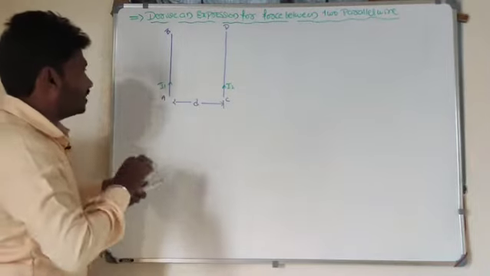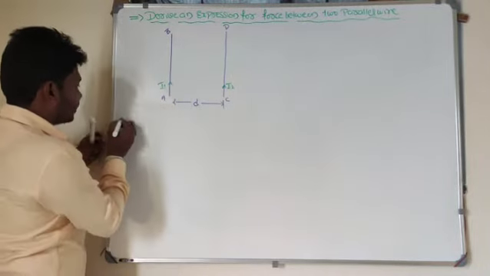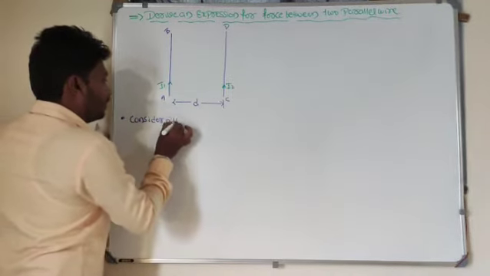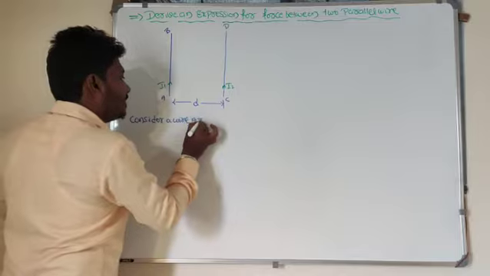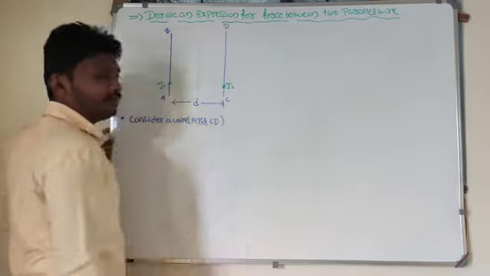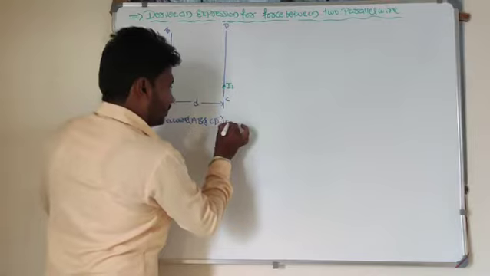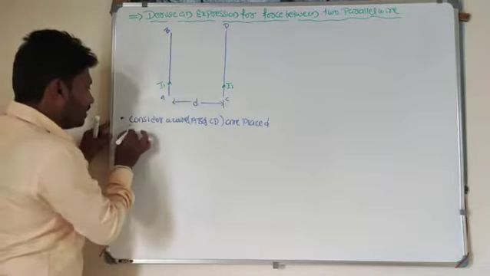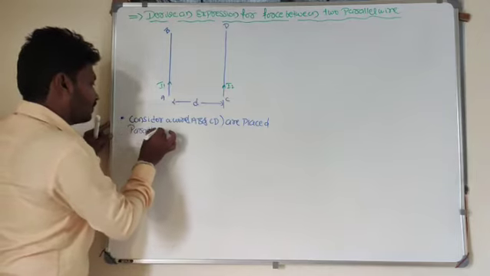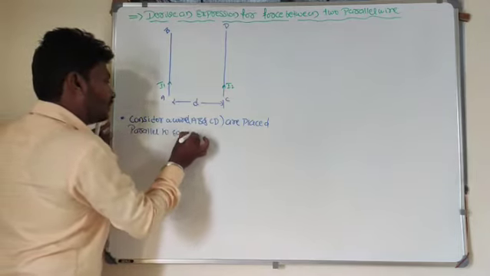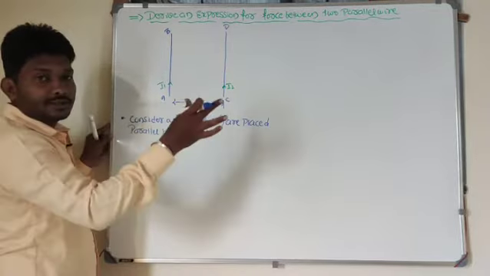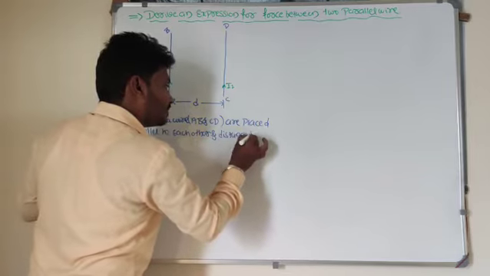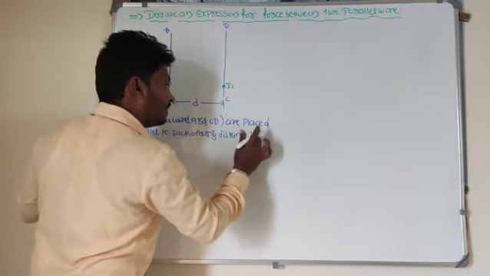So first let me write the descriptive part here. Consider wires AB and CD placed parallel to each other, and the distance between them is d.